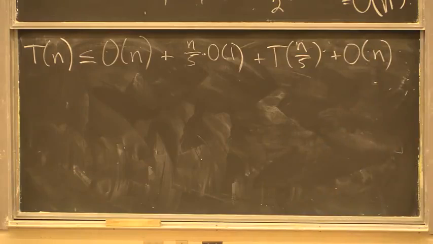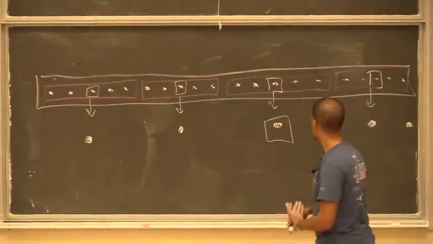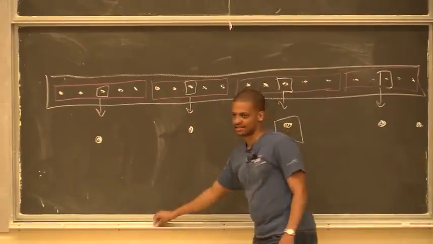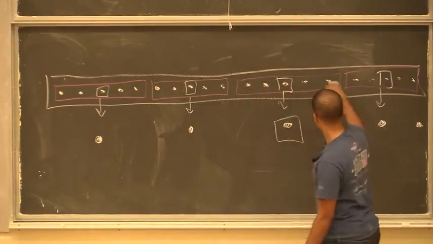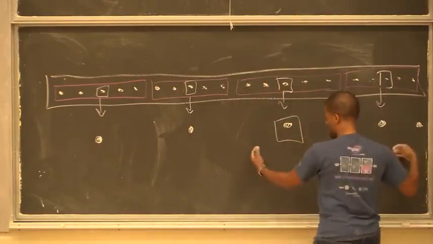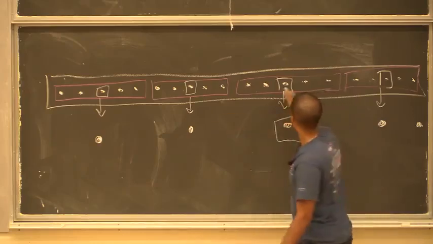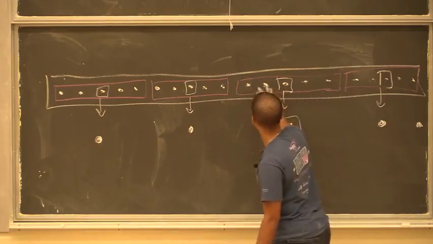This is where the magic of 5 is going to come into play. What do I know about this median of medians? I took the median in each group of size 5, and I took those medians, and this person is the median of those medians. He is bigger than the smaller 2 people in his group.